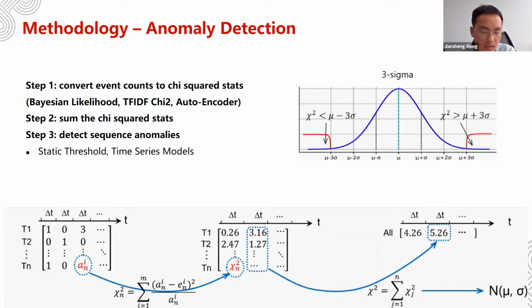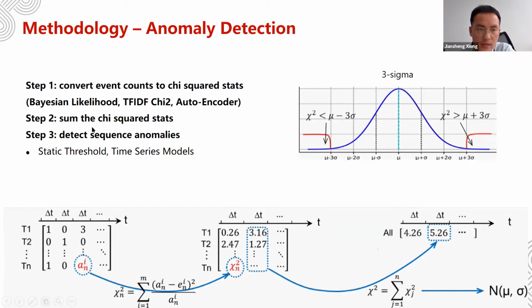And there's another interesting method I would like to talk about. The first step is to convert the event counts to chi-squared states. In this step, you can also try methods like Bayesian likelihood, TF-IDF Chi2, and autoencoder, and so on.